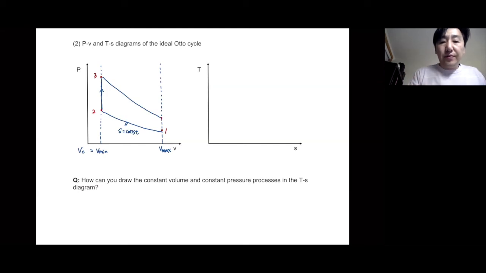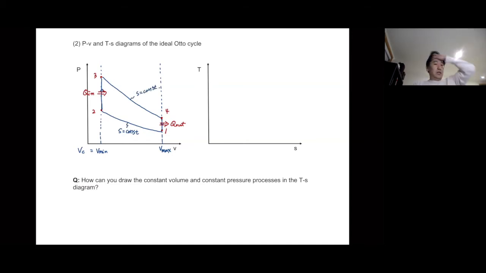Then that is 4, and from 4 to 1 we have the constant volume heat rejection process. That is where we have heat in, and that is where we have heat out. And from 3 to 4, S is constant.